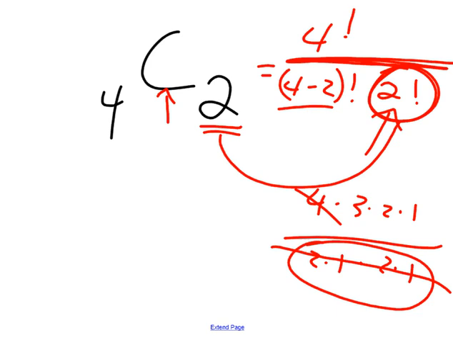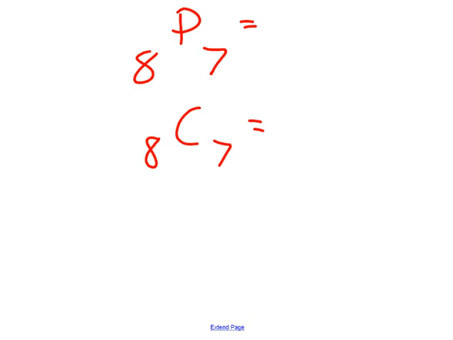Okay, so you've learned how to do it by hand, I hope. Here's your final test on it: 8P7 and 8C7. The answers should be different. Try to figure them out without a calculator, and then this is a trust walk.